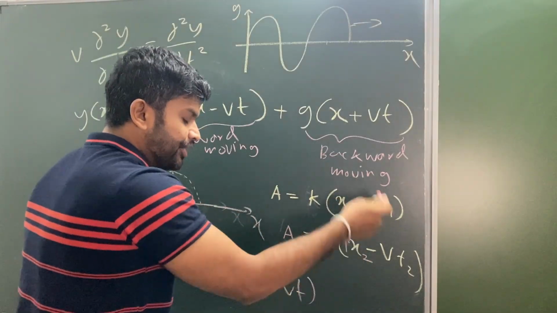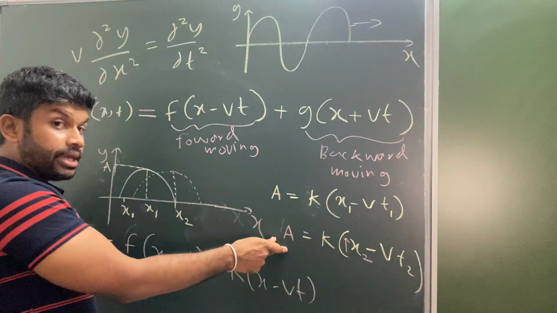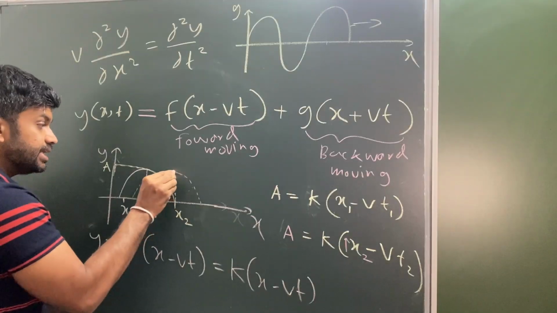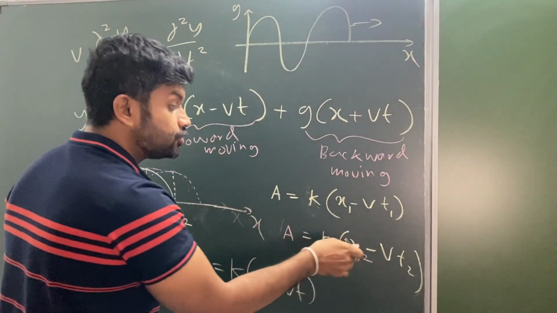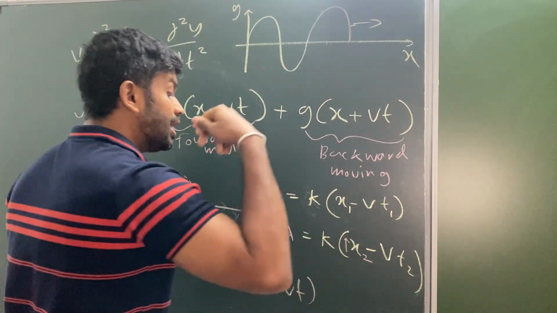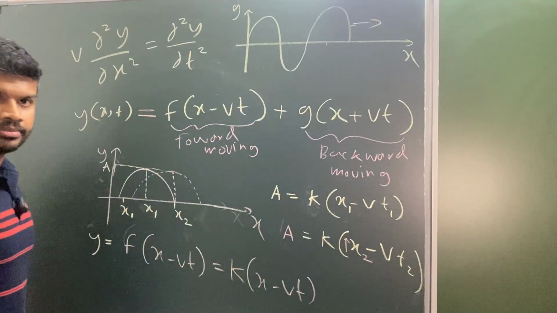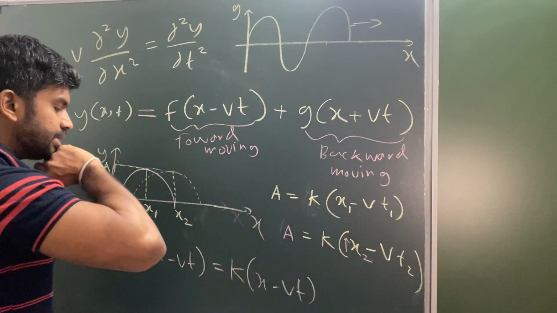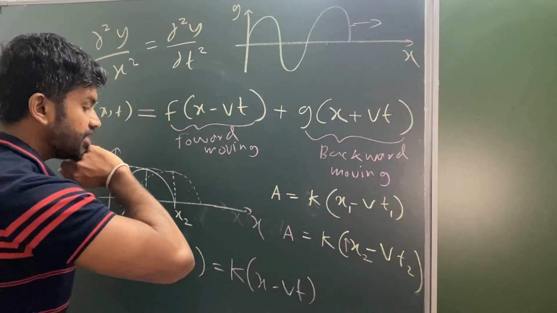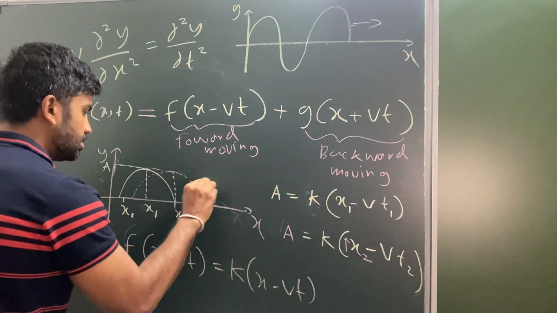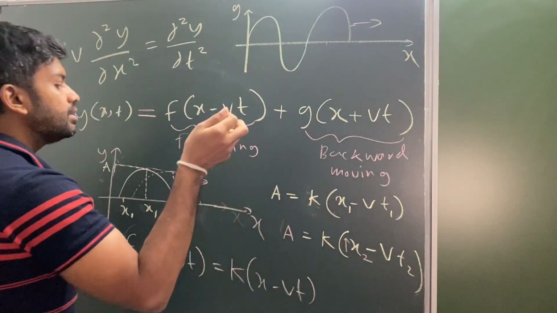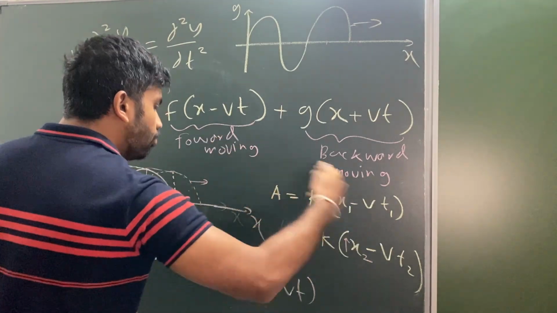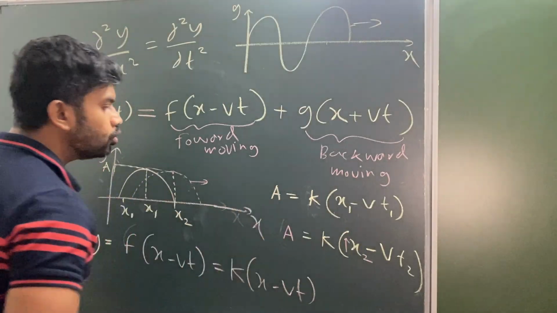So if you want to have the same a at this point, x2 has to also increase. Therefore this is definitely a forward moving wave. So we can conclude that this model represents a forward moving wave.